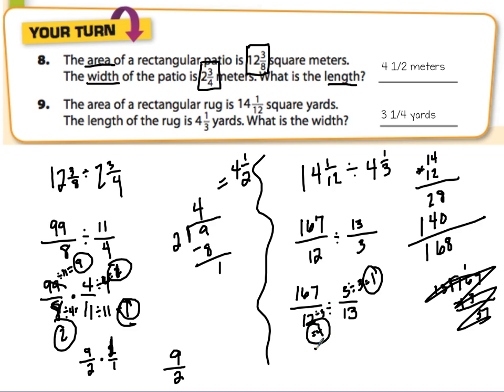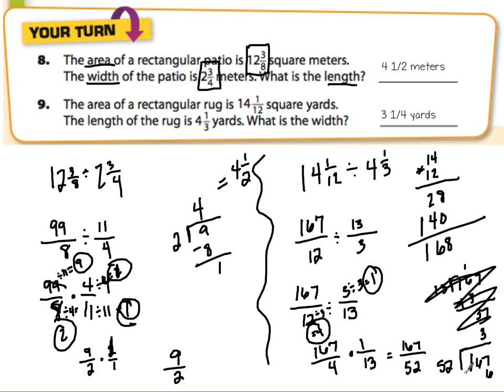So now I have 167 over 4 times 1 over 13, which isn't so bad because now this is just 167 times 1, which is 167, and 4 times 13, which is 52. And then now I have to do my division to turn it into a mixed number. 167 divided by 52. 52 goes into 167 3 times. 3 times 2 is 6.